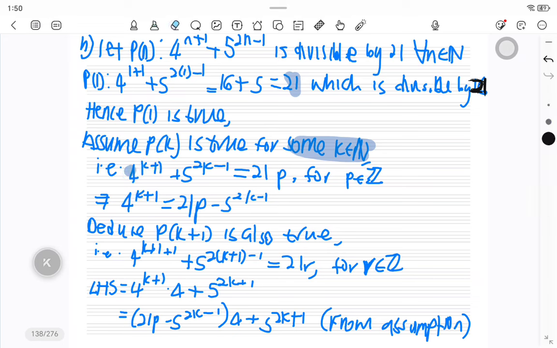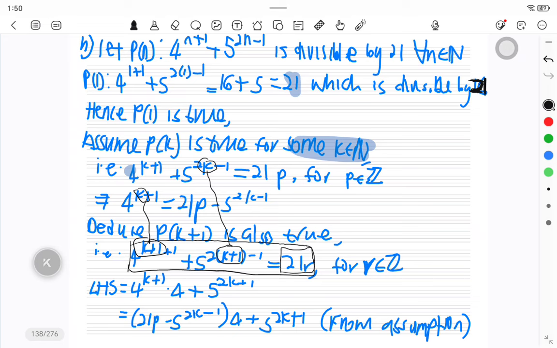Then we take this k and replace it by k plus 1, and take also this k and replace it by k plus 1. If you can see, it's like that, right? Which is equal to 21r now, instead of 21p, which is a different variable. Now we pick the left-hand side.